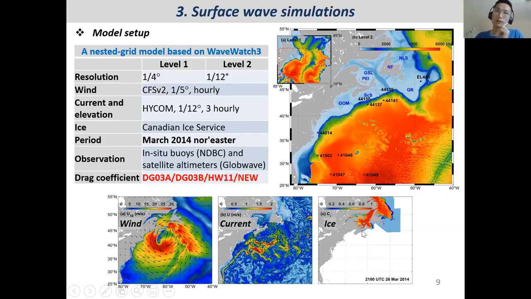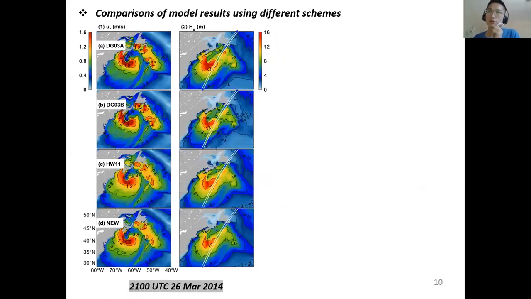So we now have a look at the model results. The use of different schemes leads to different wind stress acting on the ocean surface and thus different sea states. So this figure shows the snapshot of friction velocity and significant wave height under the strong winter storm forcing.